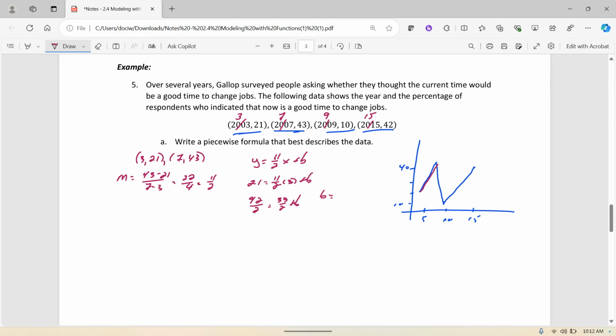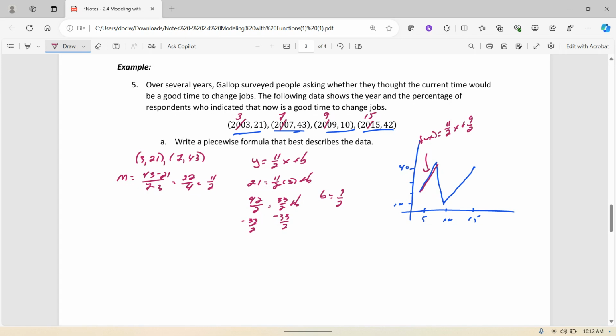So b, when I subtract the 33 halves from both sides, b is 9 halves. So this equation is f of x equals 11 halves x plus 9 halves. The equation is going to be different for the other two.